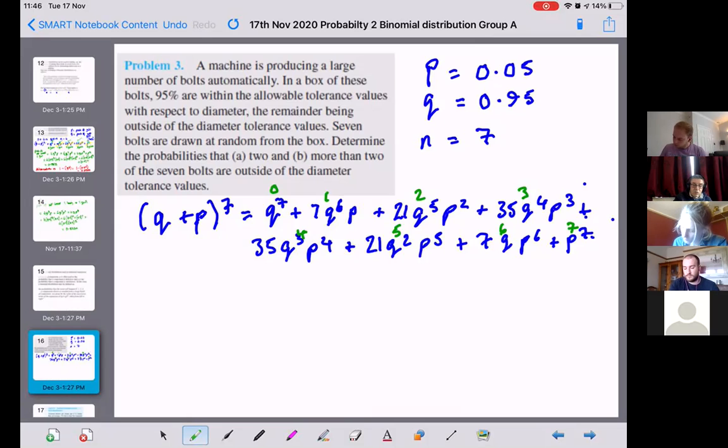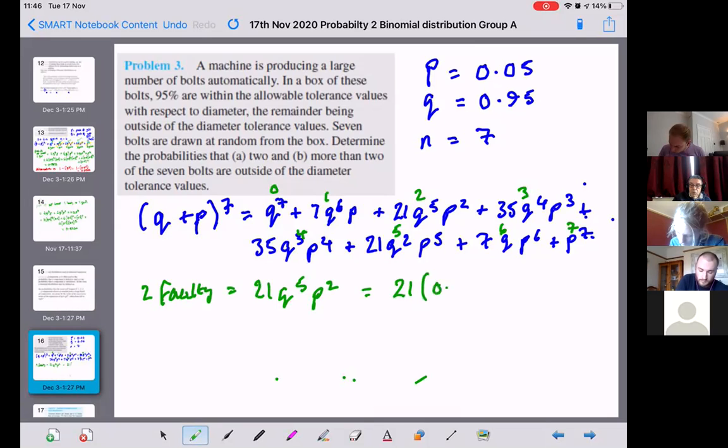So, which terms do we need for 2 faulty? Just the one, isn't it? Just the one term, 21 Q to the 5 P squared. So 21 times 0.95 to the 5 times 0.05 squared.